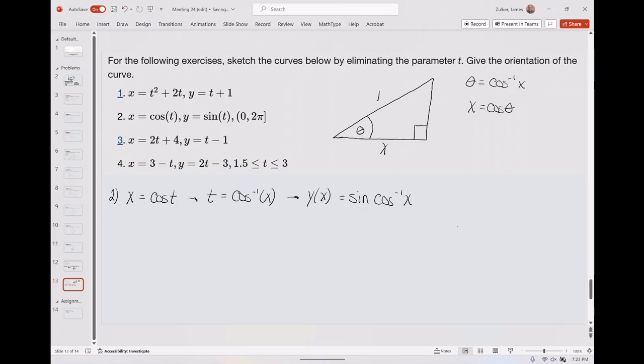That would be 1. What's this? Square root of x squared minus 1? No, 1 minus x squared. Other way around. So that would be y of x is the square root of 1 minus x squared. But that was only for 0 to pi.